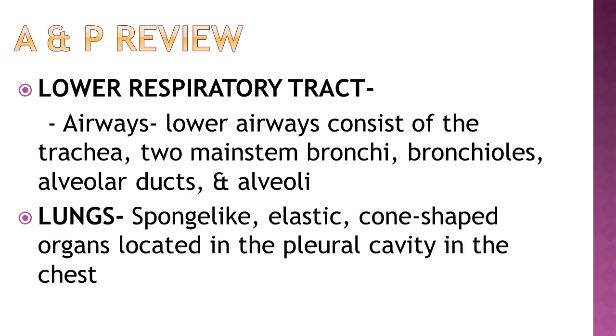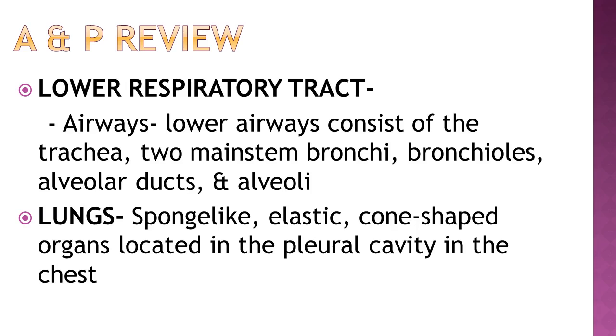And of course, the lower respiratory tract, airways, and the lungs. The airways consist of the bronchi, the bronchioles, the alveolar ducts, and the alveoli, and then the lungs. And don't forget, when we talk about the lungs, that pleural space, because that's very important, and keep that in mind when we discuss patients that might have issues with the pleural space.